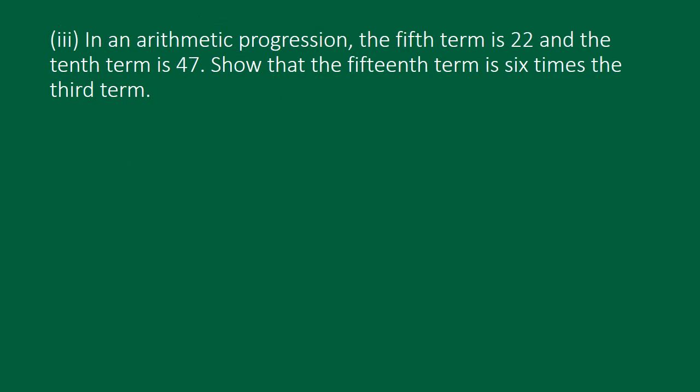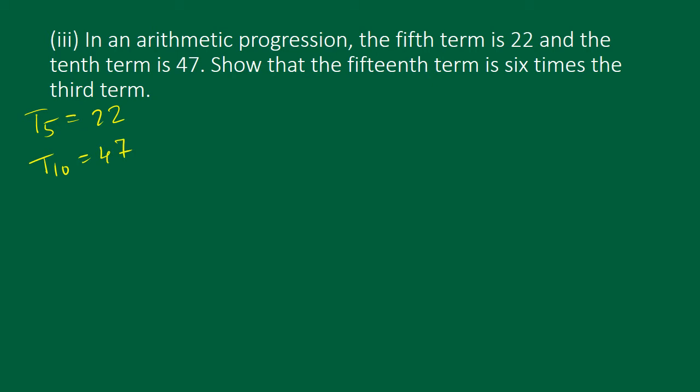Then, in an arithmetic progression, the fifth term is 22 and the 10th term is 47. Show that the 15th term is 6 times the third term. So here you can mark these things, what it says, you can write it. Fifth term T5 is 22 and T10 is 47.